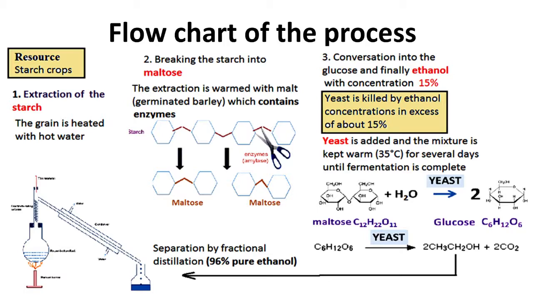In this stage, yeast is added and the mixture is kept warm, approximately 35 degrees Celsius, for several days until fermentation is complete. During this stage, the maltose converts into two molecules of glucose, and glucose is converted into ethanol.